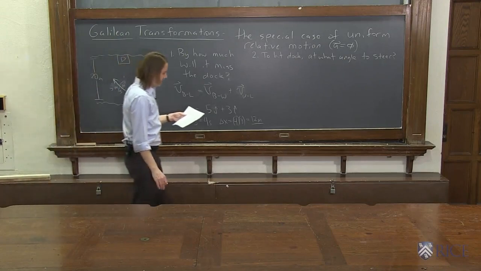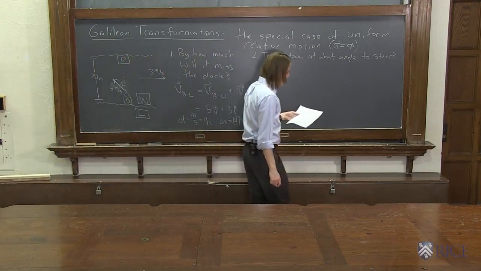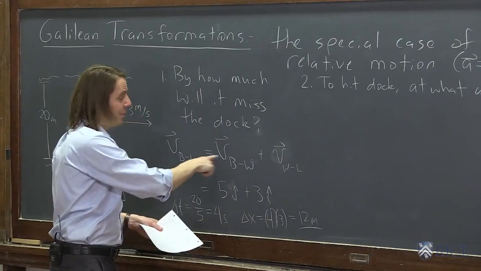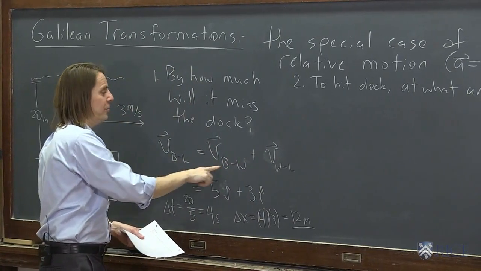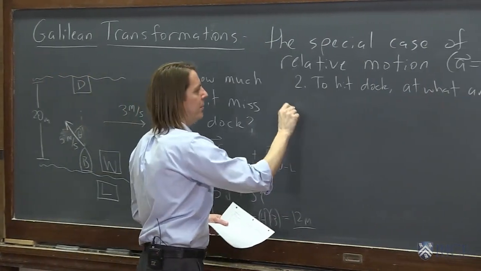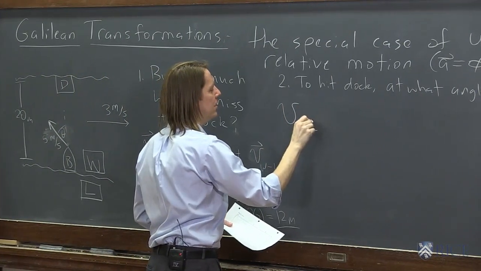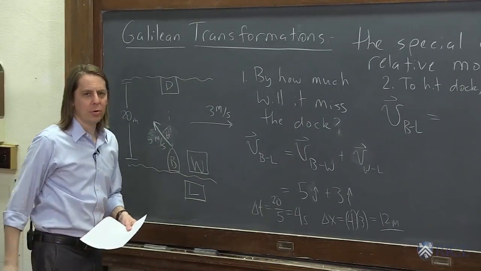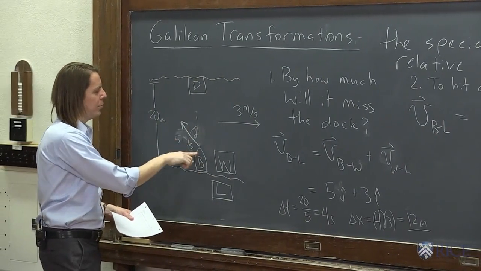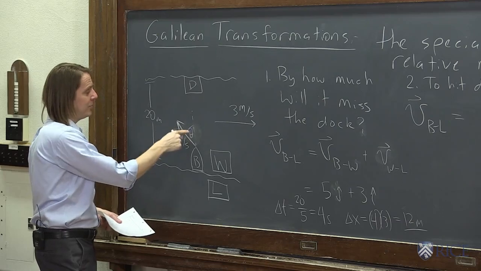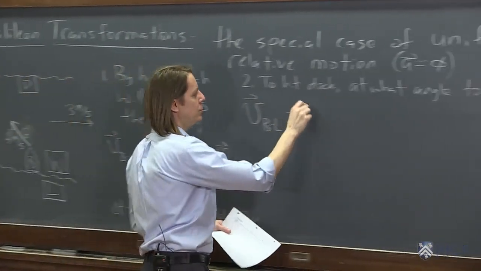Well, let's see. You would still use this same equation. This is still the relevant equation. Velocity of the boat in the land is boat in the water plus water in the land. But let's see what we get. So the velocity of the boat relative to the water, we just have our two components. In this case, the x component is actually negative 5 meters per second sine theta. It's a little unusual.